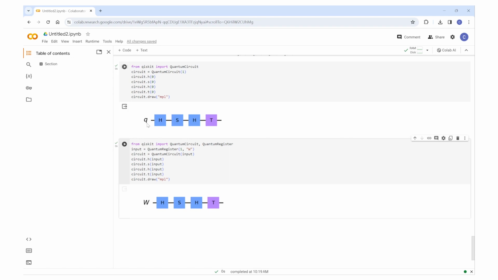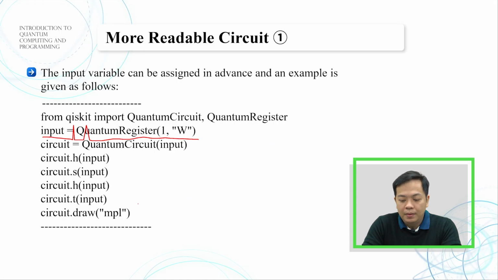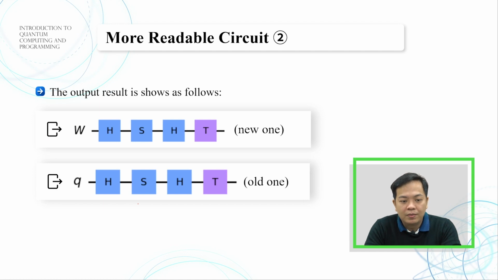Over here you see that's Q, right? So it's only different in this initial line, where you set up the starting value. You can see the difference between the O and the new one is only about two variables.